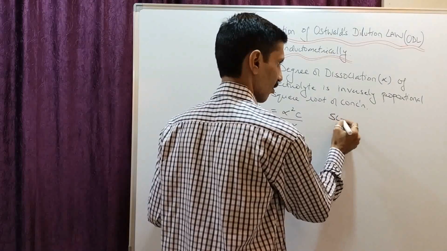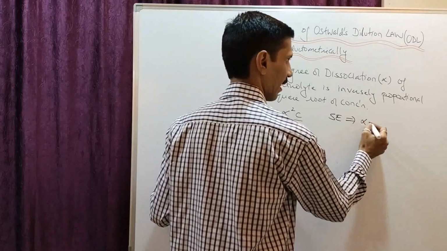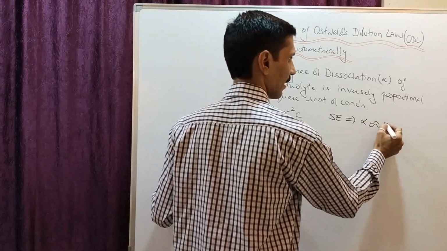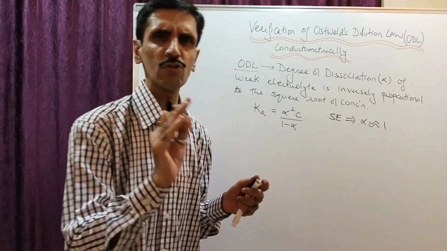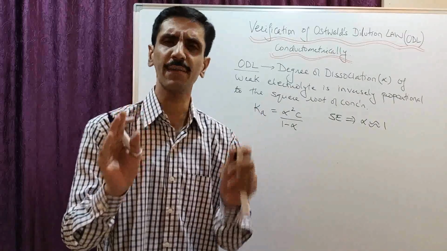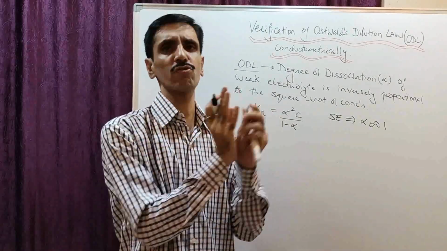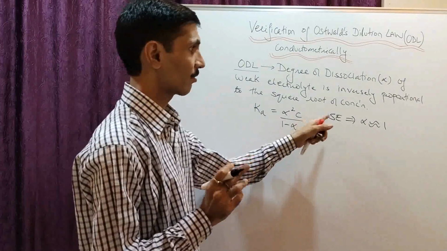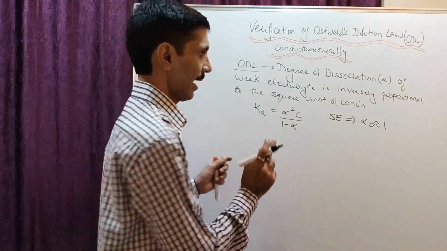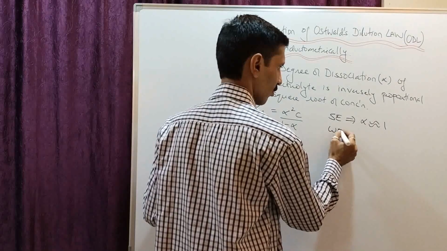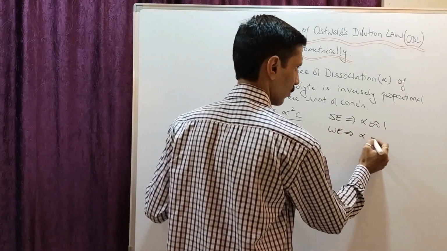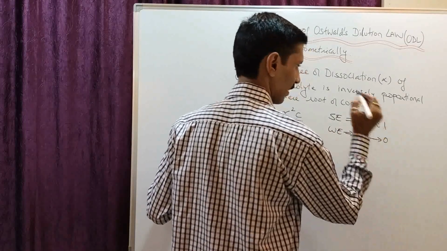For a strong electrolyte, the value of alpha is approximately equal to 1. It's not exactly equal to 1, I will not say that, but it is very close to 1. That is for a strong electrolyte. And for a weak electrolyte, we say the alpha value is proceeding towards 0.